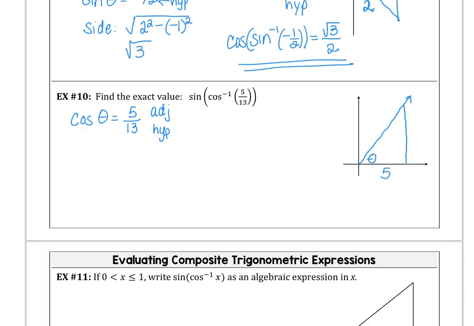Here's my angle of interest. Hypotenuse is 13. And we're looking for the missing side. So we can find that missing side by calculating the hypotenuse squared minus the leg squared. That's 144. Square root of 144 is 12. So we have this side is 12.